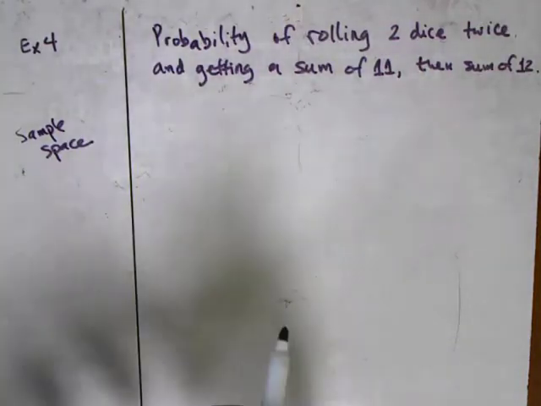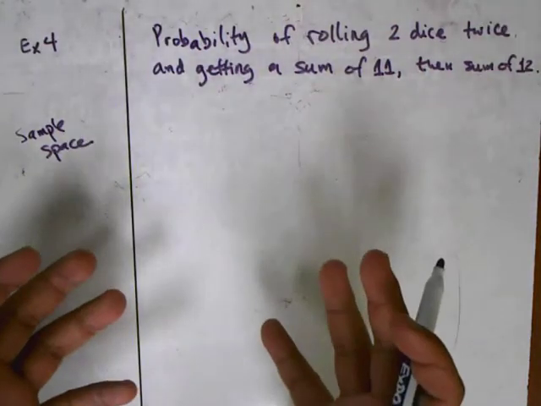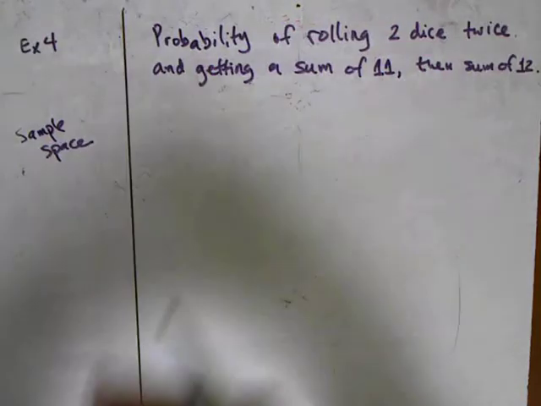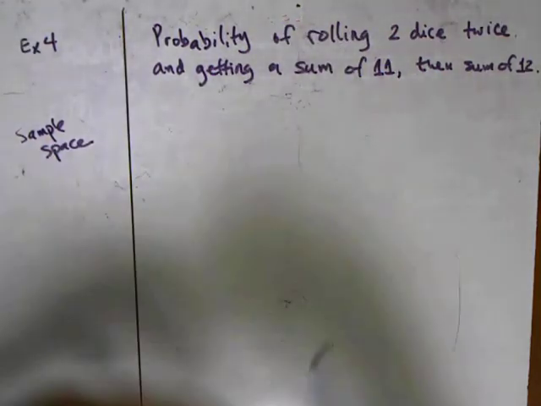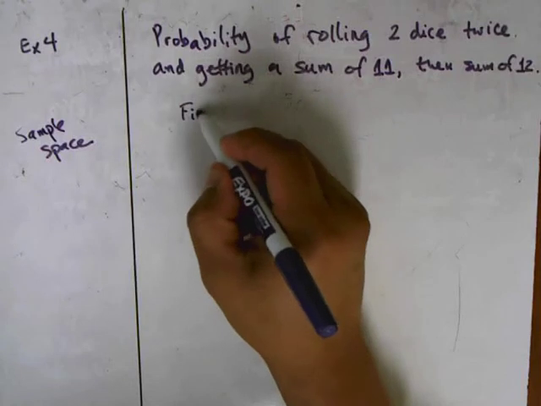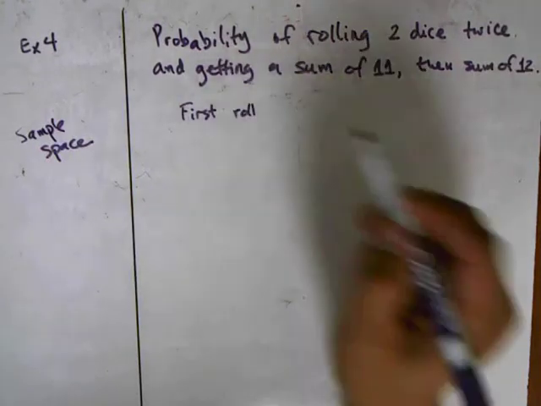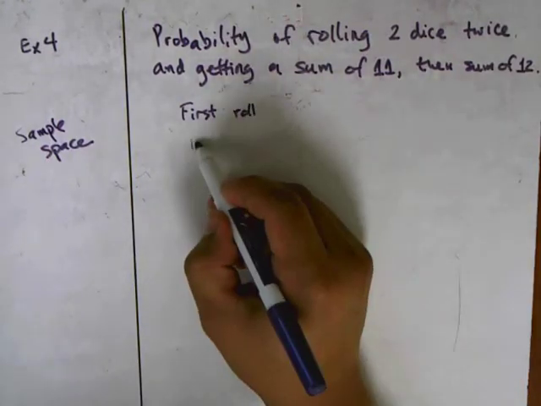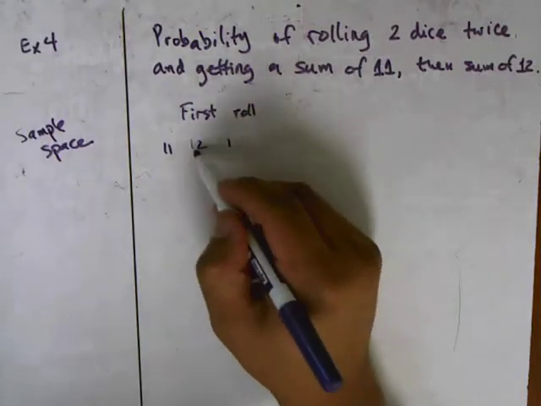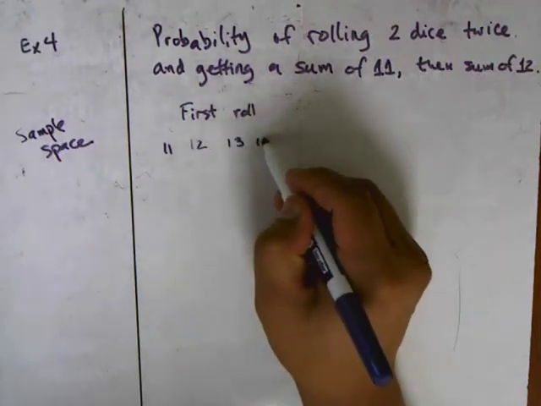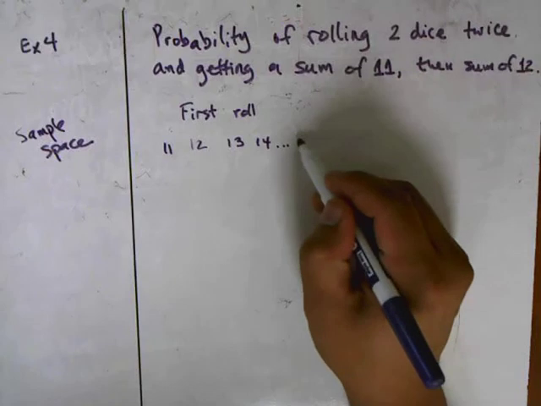Because what I'm doing here is we're taking 2 dice, rolling them, picking them back up, rolling them again. Okay? So let's look at that first roll. Okay, so in the first roll, we could get a 1 and a 1, a 1 and a 2, a 1 and a 3, a 1 and a 4, so on.